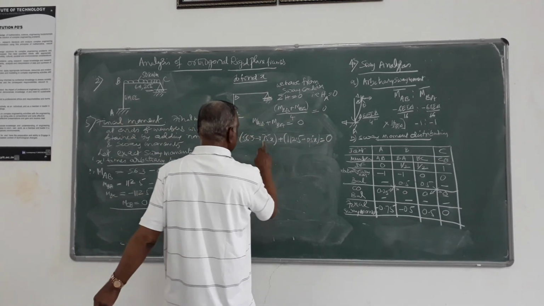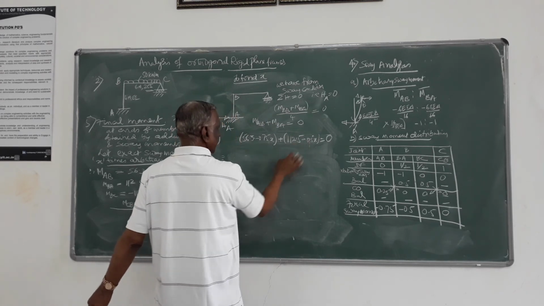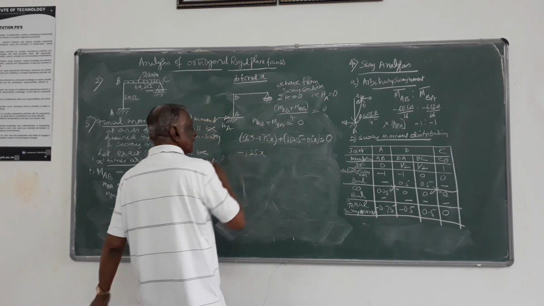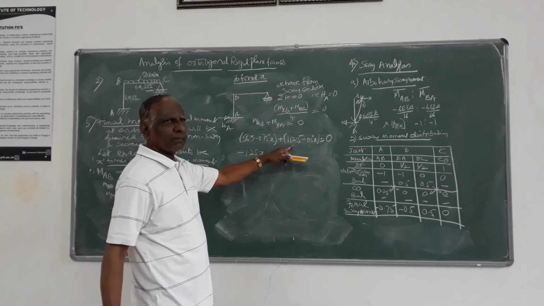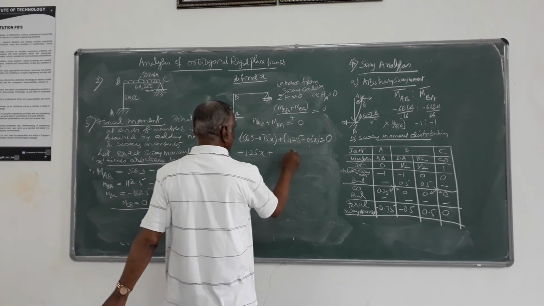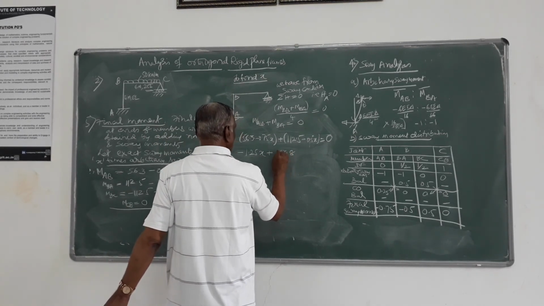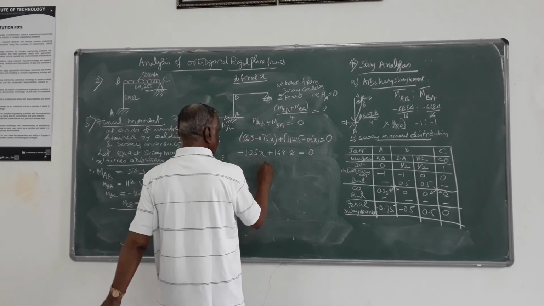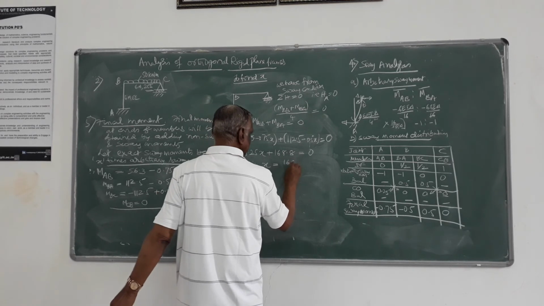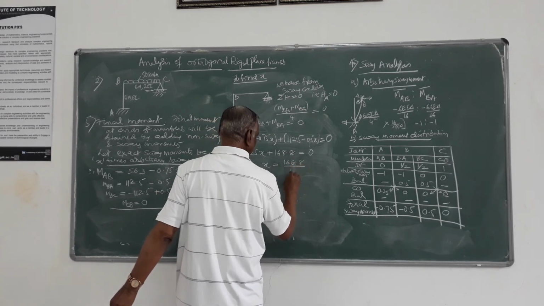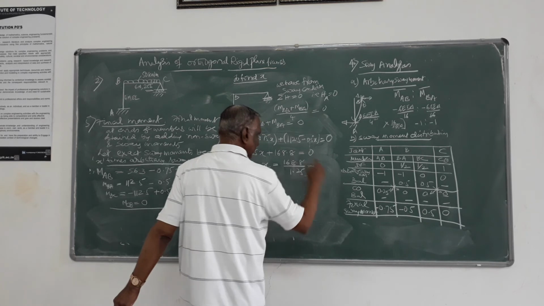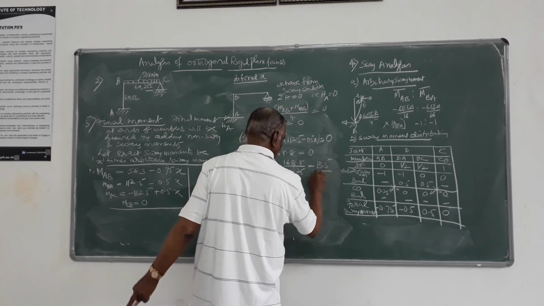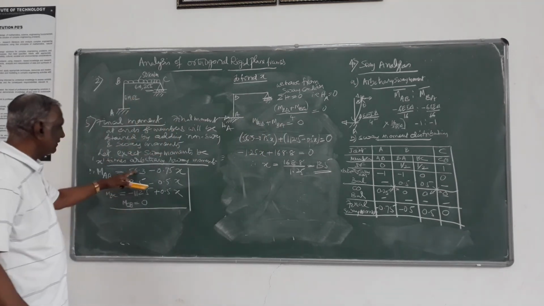So simplify this, minus 0.75x minus 0.5x, it will be minus 1.25x. Then 56.3 plus 112.5, that is 168.8, equals 1.25x. Therefore, x is equal to 168.8 divided by 1.25. This value is 135.